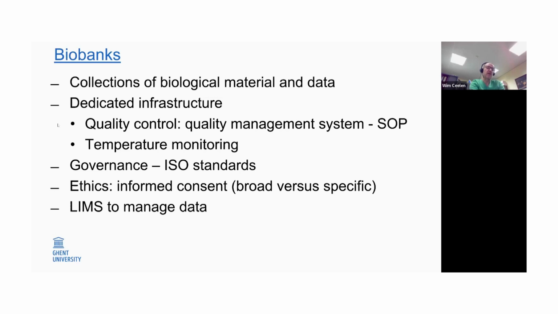And then you need to specify, or the patient needs to specify, what type of samples she or he agrees to be taken: blood, saliva, semen, etc., etc. He needs to know and to agree with the type of research that will be undertaken, so genetic investigations, molecular biology in general, but also commercial aims and commercial goals are enumerated on the informed consent, because you will be aware that the pharmaceutical industry has a large interest in getting these samples, and most hospitals do sometimes sell samples and/or anonymized data to the pharmaceutical industry, and then the patient needs to know that her or his samples or data will be sold to the pharmaceutical industry.